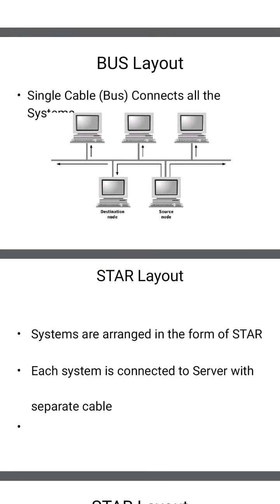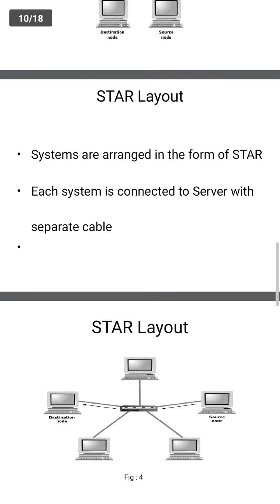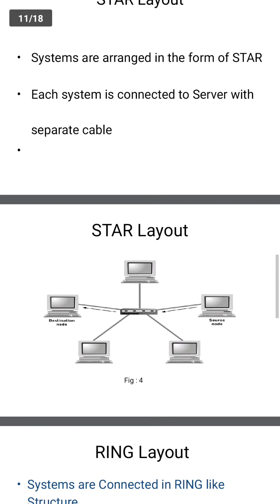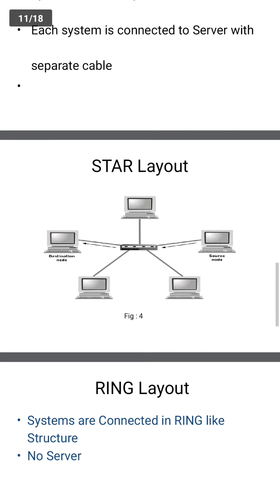So this is a very big problem. In a star layout, the workstations and plotters are connected around it, and it is a problem with one computer taking a heavy load. So in that way we get problems with star layouts. See here, one system is connected with the other workstations.